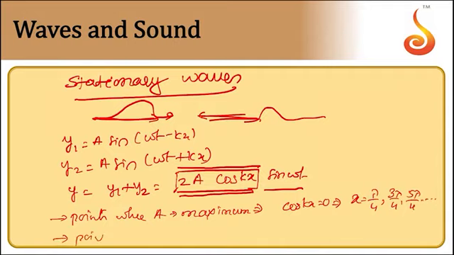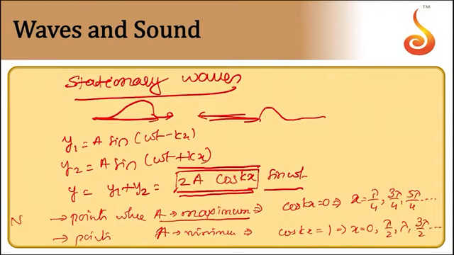And if we consider the points where the amplitude is minimum, that gives rise to cos kx is equal to 1 and that gives rise to x is equal to 0, lambda by 2, lambda, 3 lambda by 2, etc. These points where the amplitude is maximum are called node, and the points where the amplitude is minimum, the other way around, maximum corresponds to antinode.